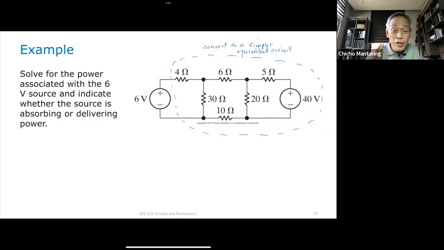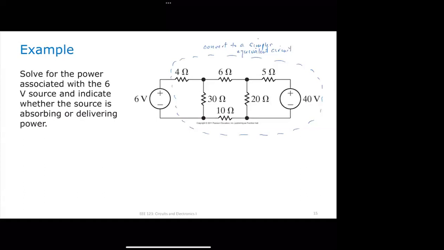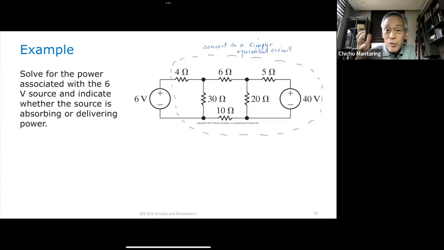Yeah, you're going the right direction, but you're going against what I said earlier. If I convert the 6-volt source and the 4 ohm resistor into a current source, then the terminals of the 6-volt source are going to disappear. And if the terminals disappear, then I won't have any way of determining the power associated with the 6-volt source.